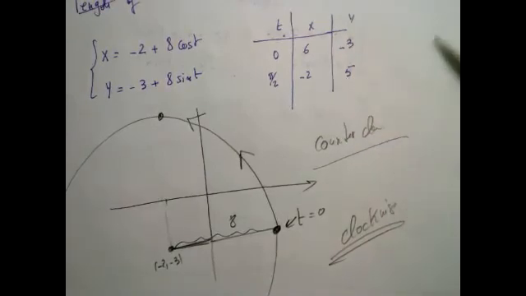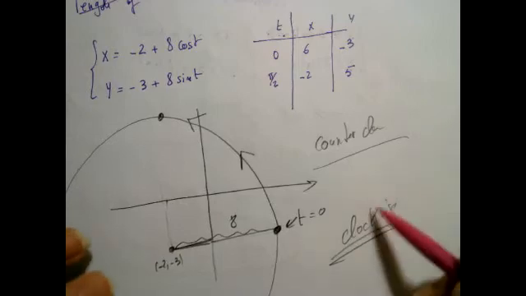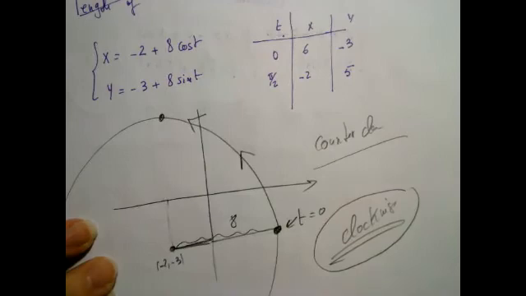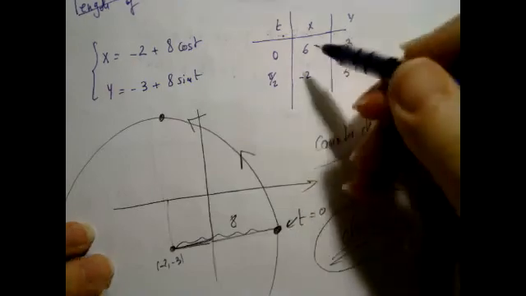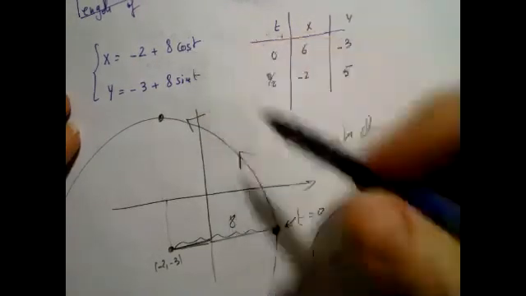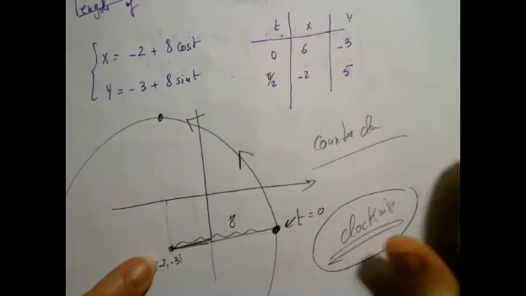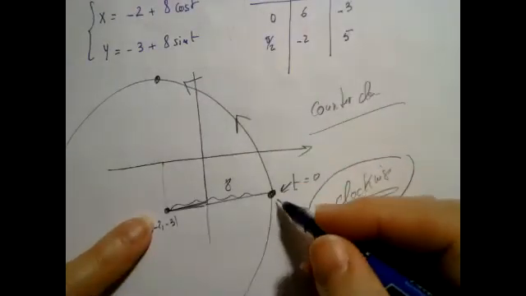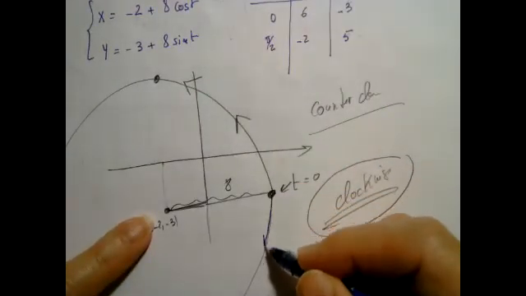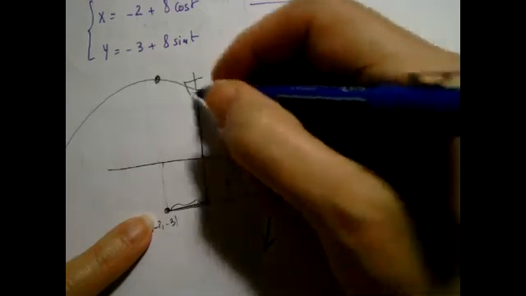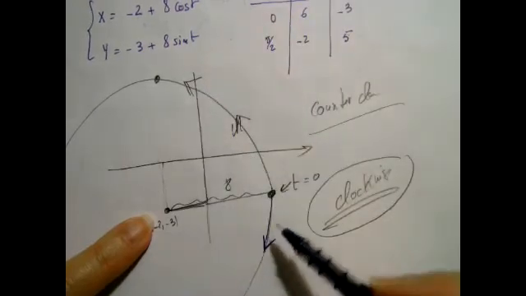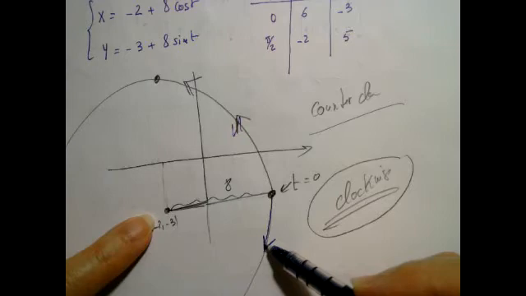How do you think we can make it clockwise? We could make the y negative or not negative. We want the cosine basically to make it clockwise. What we want is as t changes, I want the object to go this way. It means I want the x to decrease and I want the y to decrease.